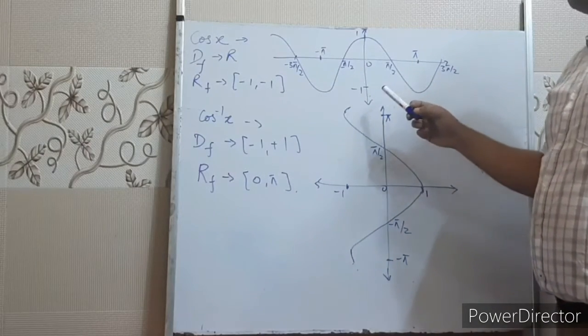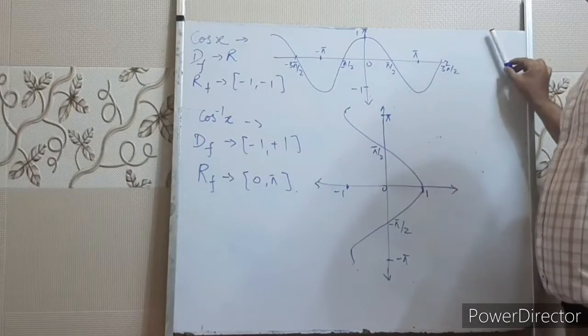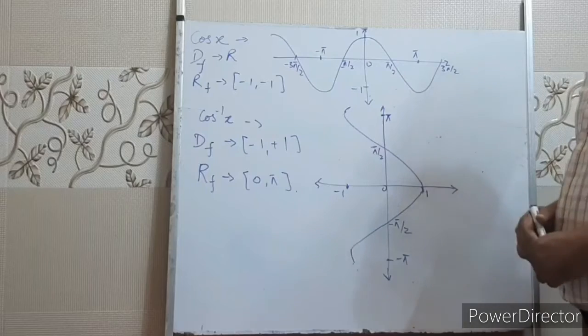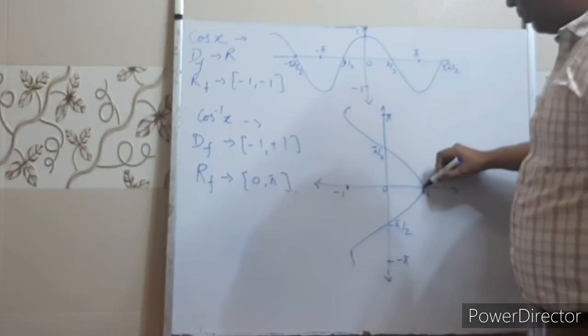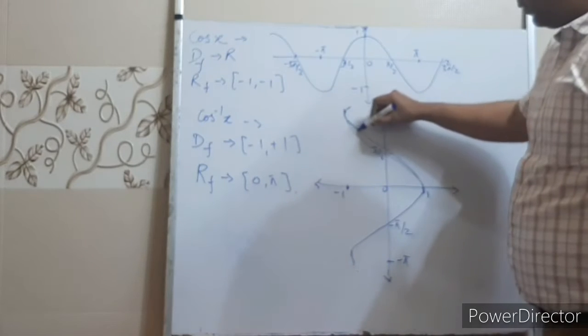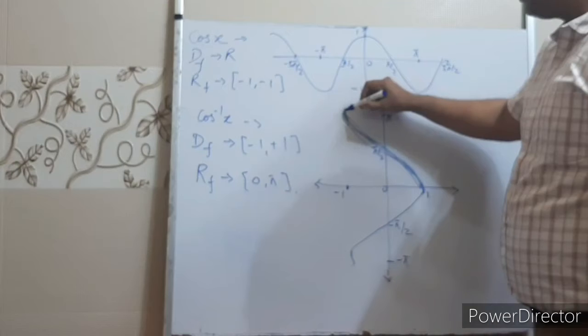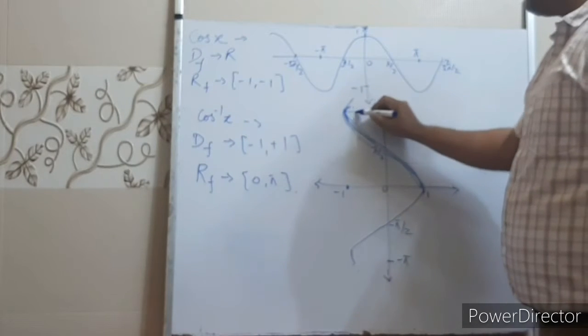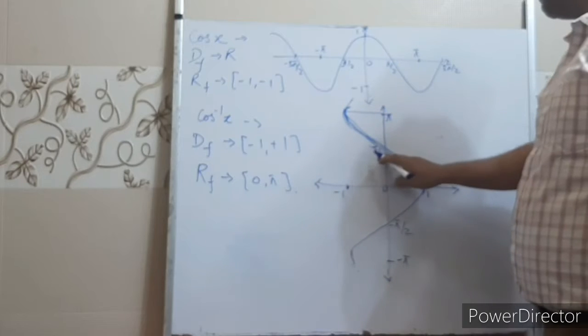Okay, so to make this many-one function a one-one function, we are taking this branch, 0 to pi. Okay, this branch we have taken, and in this interval, in this branch, the function is one-one, right?